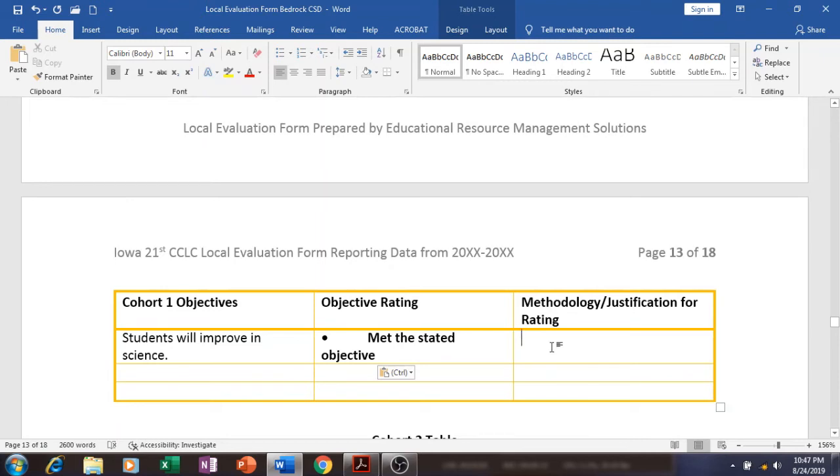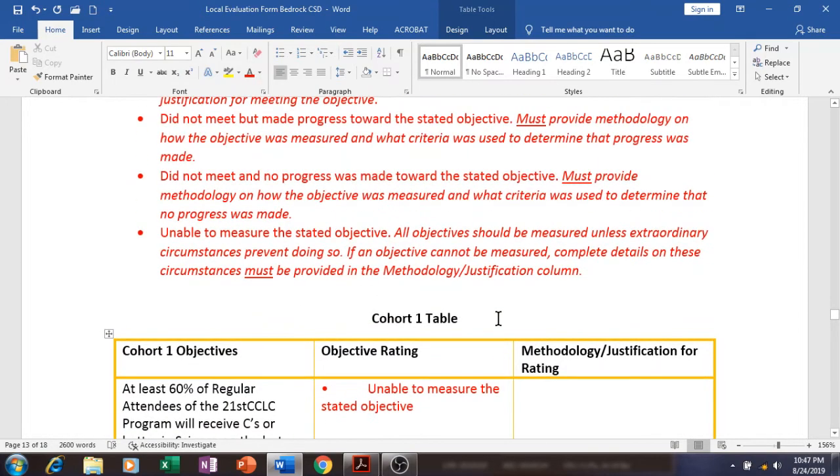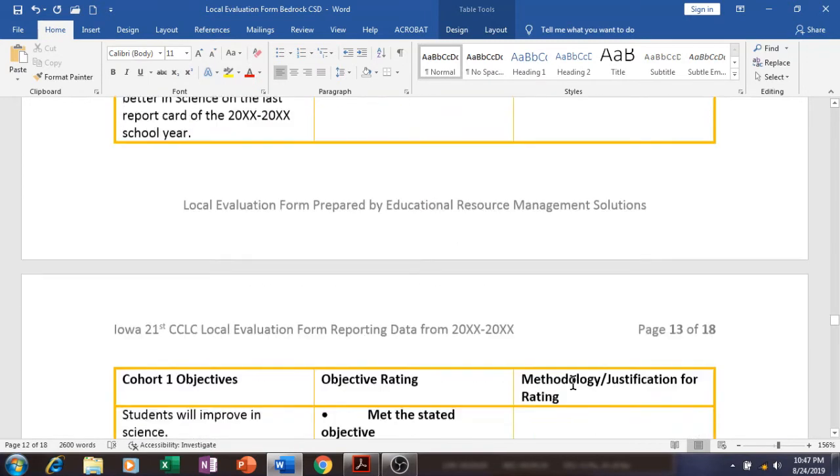Let me make a quick statement, it's bad form, as the British would say, to make up your methodology and justification at this point in time. Hopefully you had already decided ahead of time what these things would be. And then for this same objective, you would do the same thing on the other ratings, whatever the rating was.